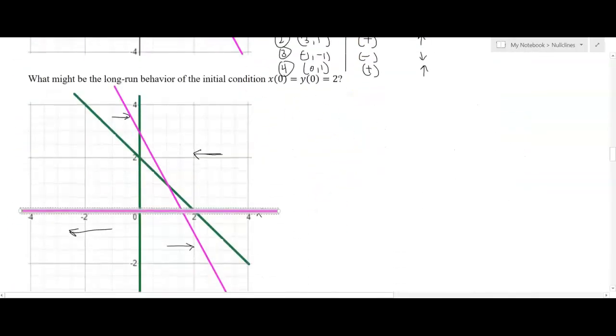So I'm going to erase this right here, and I'm going to use green for consistency. And so that means here the vectors will point left. Also here the vectors will point left.